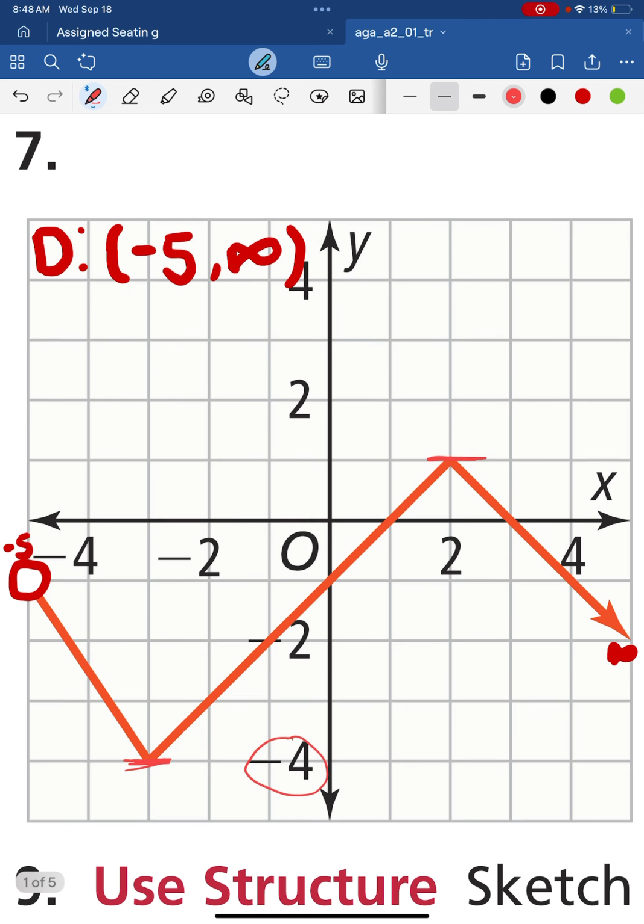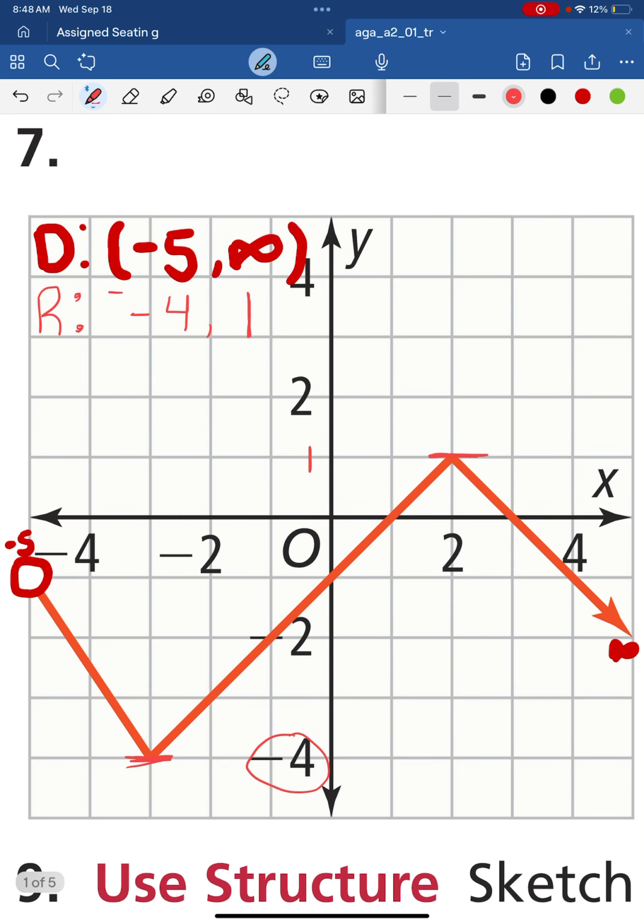The y value at the larger point is +1. So my range is from -4 to +1. Now, because my function runs through these points, -4 is included, +1 is included. So that is my range.